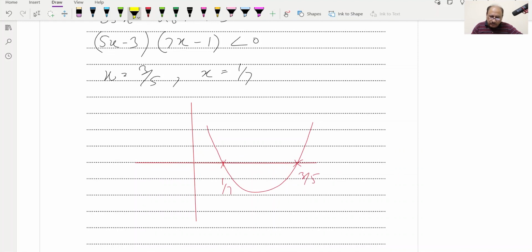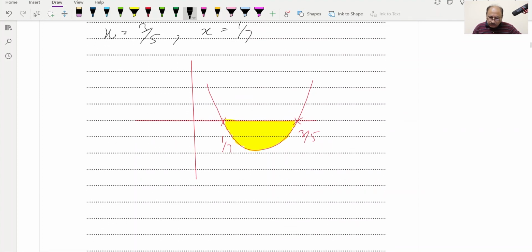In between we need less than 0, so the y value less than 0 will be for this portion of the curve, and our inequality will be for this section. We can write it as x is greater than 1 over 7 and less than 3 by 5. From this to this x value will be our solution.